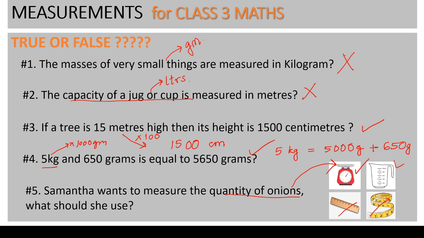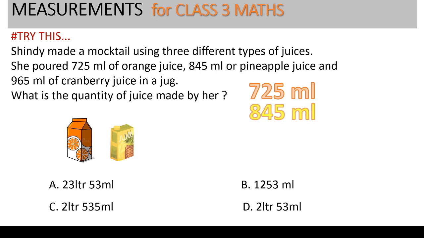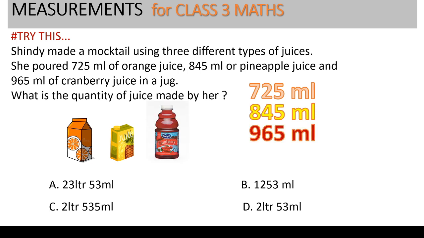Now, with this revision, let's try to go for another question. Shindy made a mocktail using 3 different types of juices. She poured 725 ml of orange juice, 825 ml of pineapple juice and 965 ml of cranberry juice in a jug.